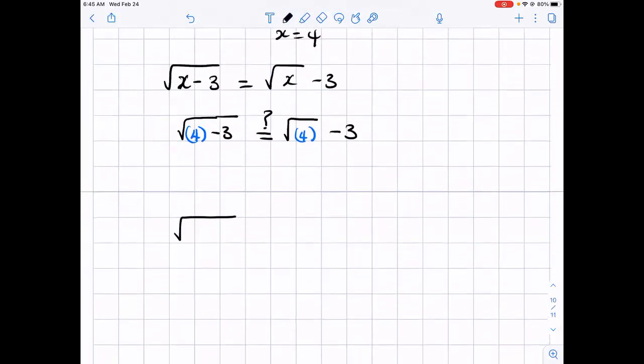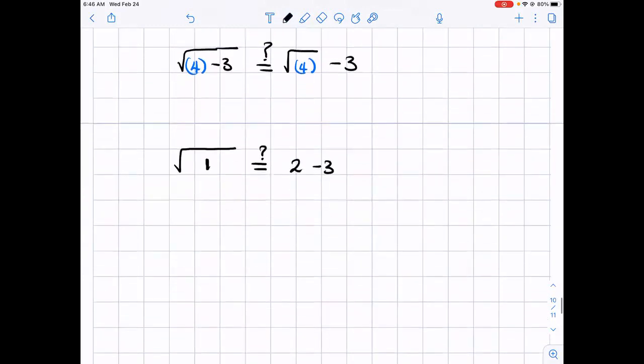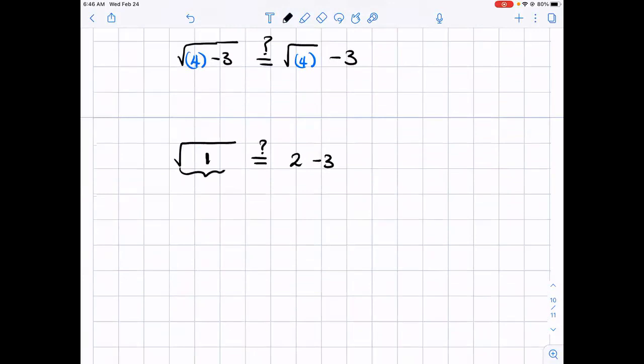So if we simplify, 4 minus 3 is 1. Is that going to be equal to the square root of 4, which is 2? Okay. The square root of 1, when you simplify this, you get 1. And 2 minus 3 is -1. So this is false. Okay. This is not true. False.